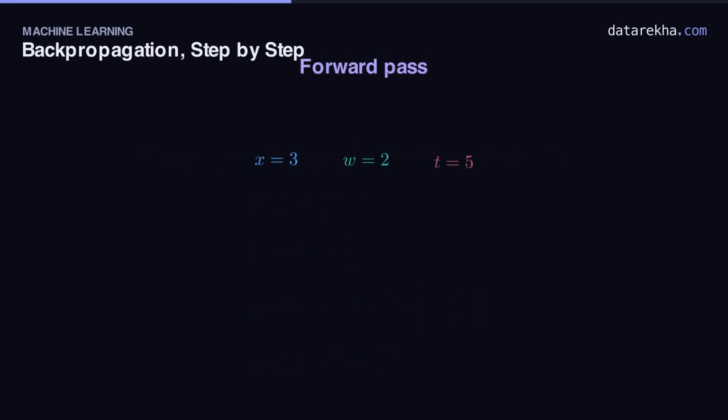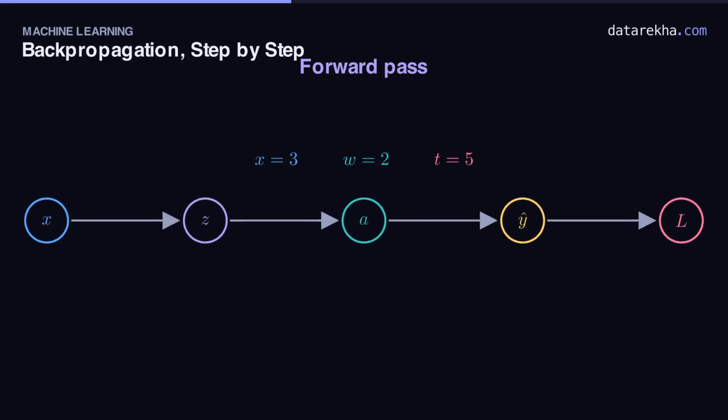Time for real numbers. Here is our tiny network, and the forward pass just means pour the input in on the left and let every value light up in order until the loss pops out on the right. The input x is 3. That's where we start. Multiply by the weight. z is w times x, 2 times 3, which is 6.